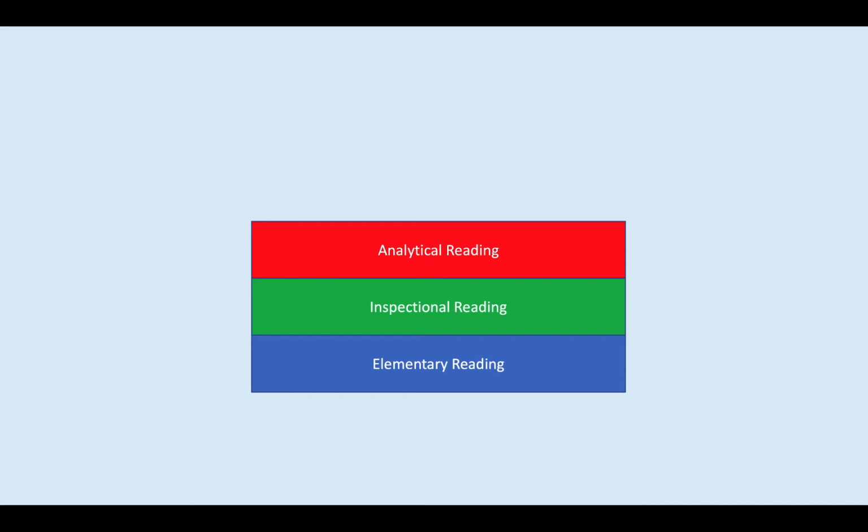This can be very time-consuming depending on the work. 1 Corinthians actually is time-consuming to do this and will take multiple analytical readings, and it deserves multiple analytical readings to understand. This is going through the book paragraph by paragraph, sometimes sentence by sentence, and trying to figure out what's going on.